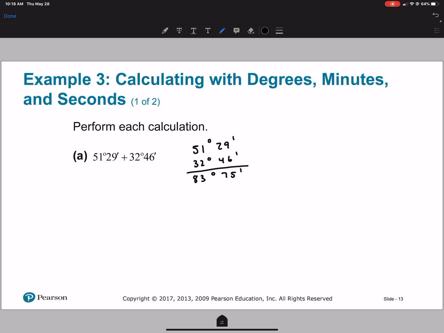We know that 60 minutes is equal to 1 degree. Therefore, in this case, 75 minutes is equal to 1 degree and 15 minutes.